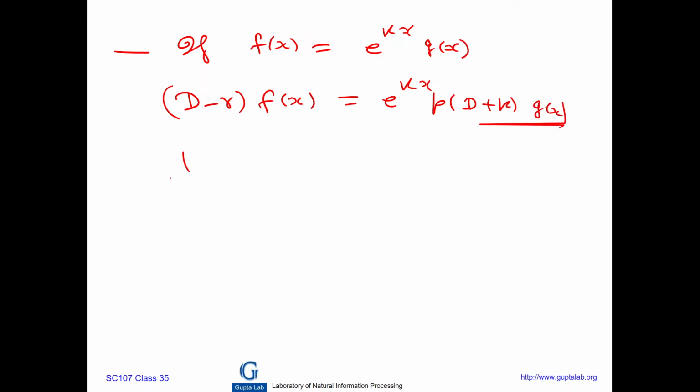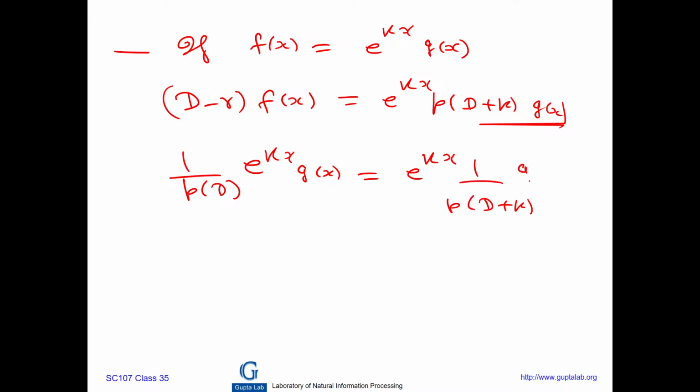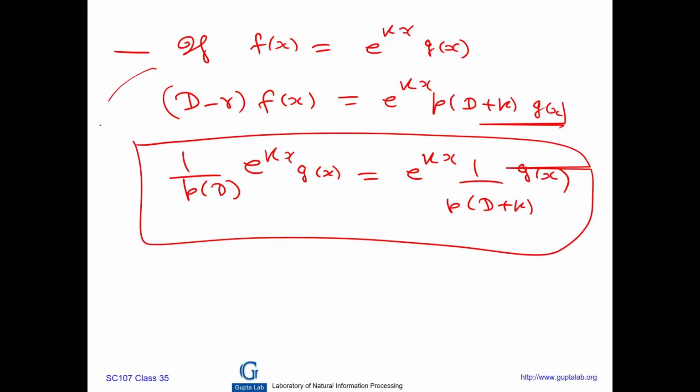In other words, we apply the formula that 1 over p of D of e raised to power kx g of x is nothing but e raised to power kx, and you can take out 1 over p of (D plus k) applied to g of x. This is a nice formula. Why it works, let us see here.